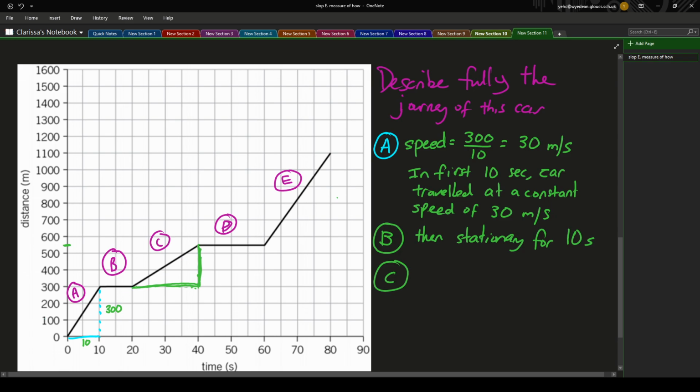So it started at 300 and went up to about 550. That means the change in y was 250. And the change in x was between 20 seconds and 40 seconds. So the change in x is 20.